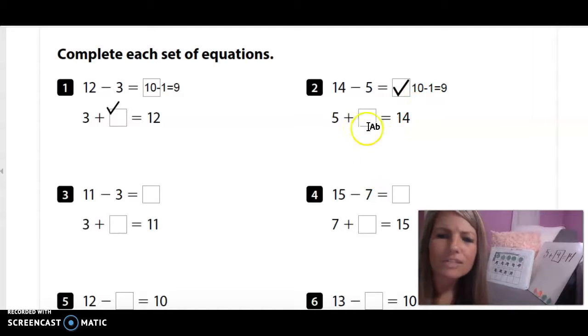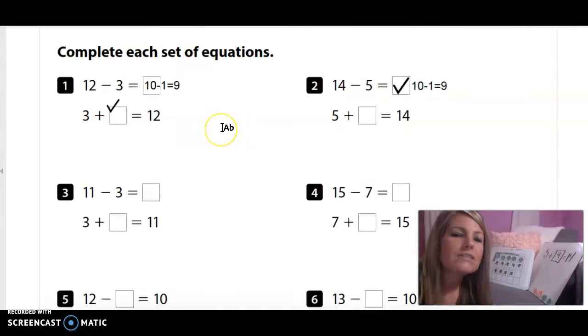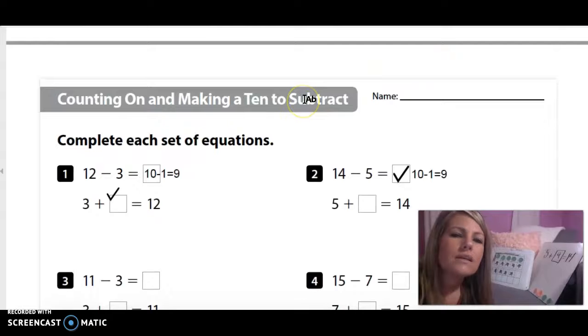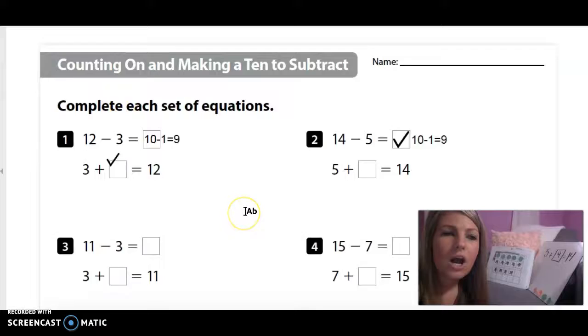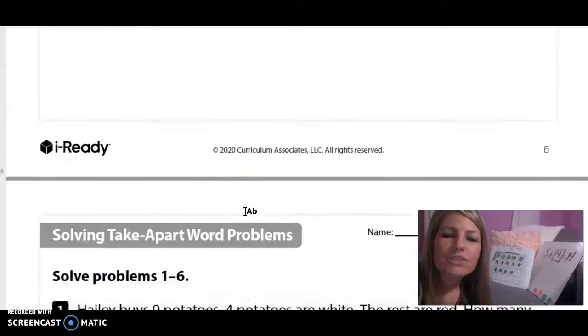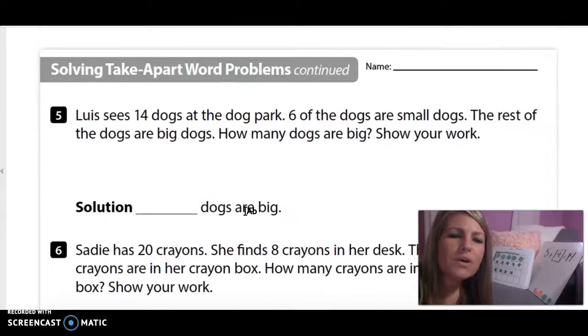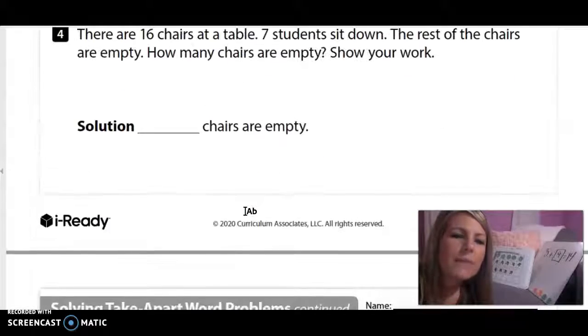Mine's not letting me, so you'll write the number 9 right here. The last thing after you finish this entire page: finish the top questions using the making a 10 strategy, and use the bottom questions on the counting on strategy. After you complete page 5, you've got actually looks like 2 more pages to complete.